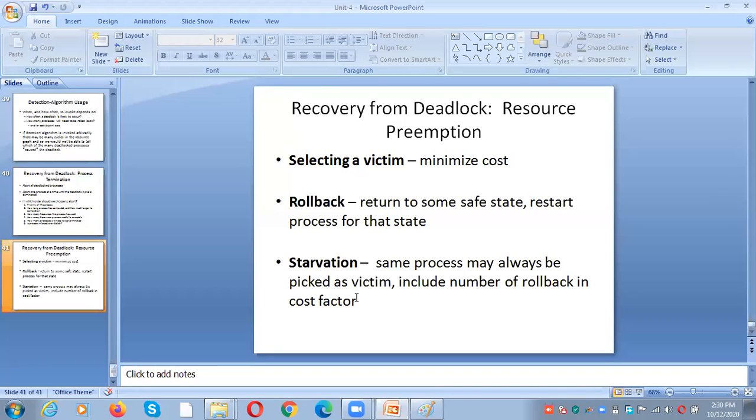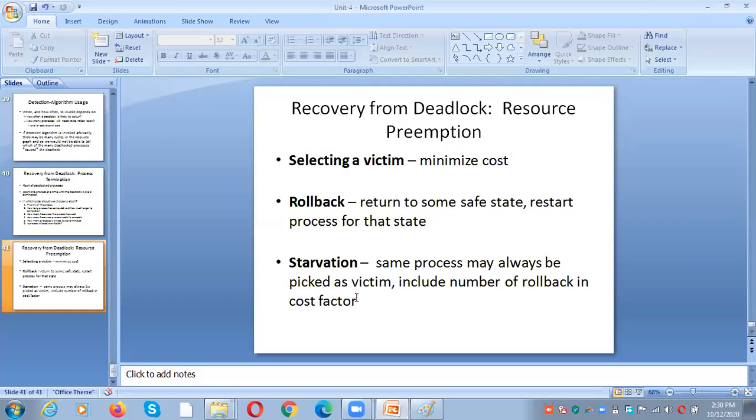So how can we avoid that problem? I already told you earlier when we talked about CPU scheduling algorithms: aging. Aging means if the process has a low priority, for the time being you can select it as a victim and remove it from the deadlock cycle. But again the process will enter the system, again it will be under execution, and again it may be in the cycle.